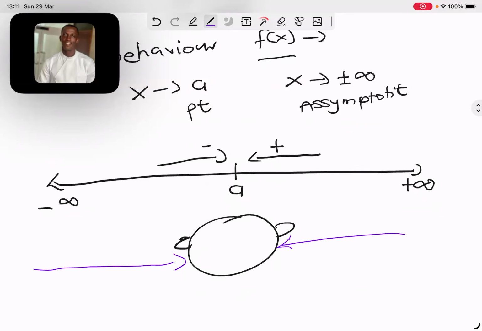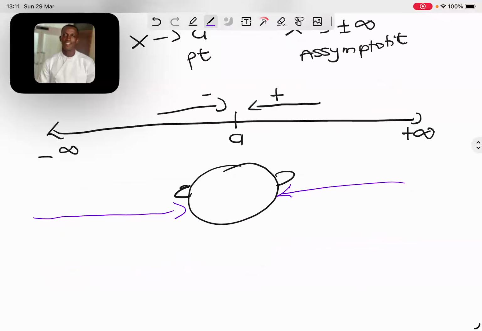We are looking at what will happen as our hand gets closer and closer to the person's face from the left and then from the right.